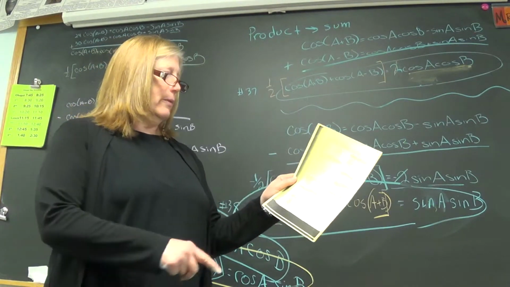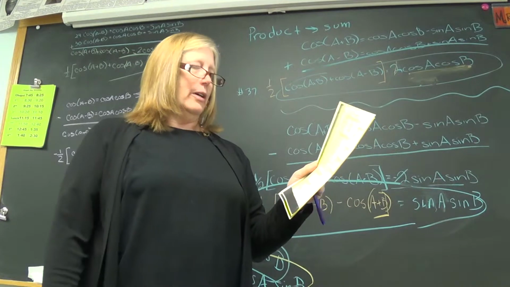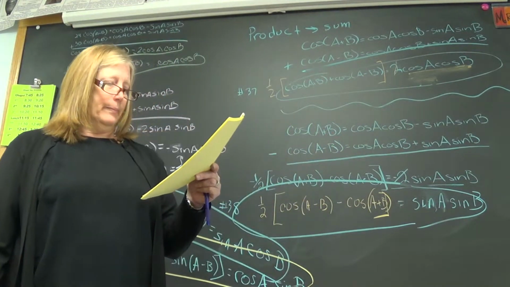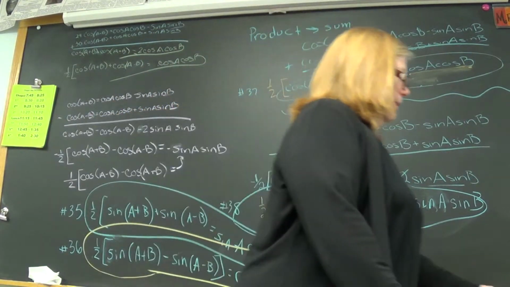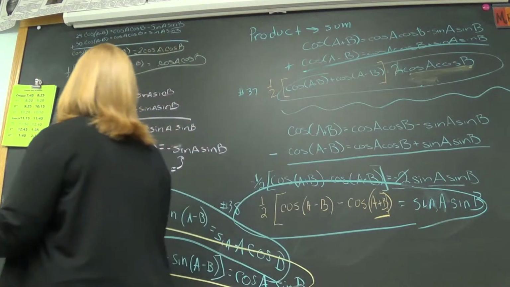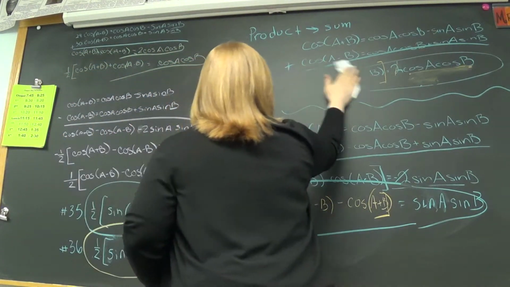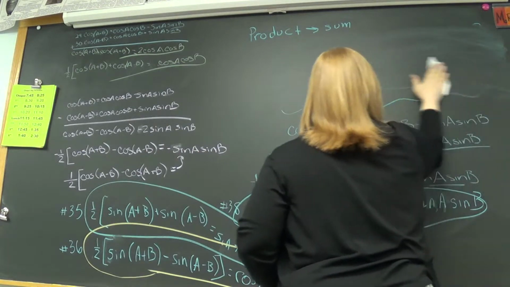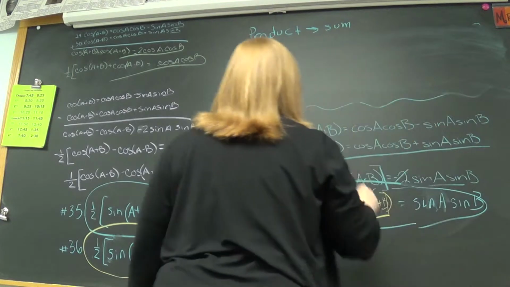So on the yellow paper, it's number 63 all the way through 74. It's 12 problems. Can we work together? Yeah, let's do the first one on the board with me, and then you can work together. We'll turn off the video then. So I'm going to get rid of number 37 to give myself some room. So, Allie, would you dictate to me number 63?